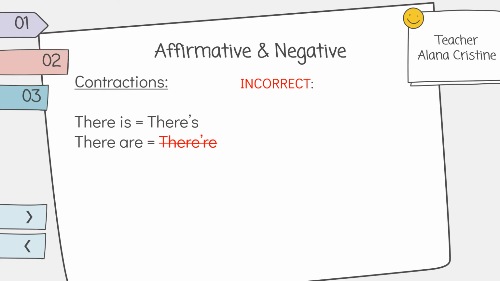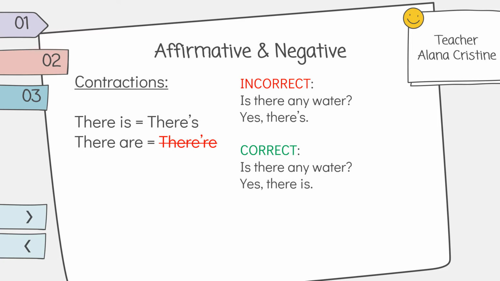Então, vamos ver o que está incorreto. Is there any water? Yes, there's. Eu posso usar contração em resposta curta? Não posso usar contração em resposta curta. Eu deveria dizer yes, there is. A contração ela só pode ser usada na sua forma completa da frase.